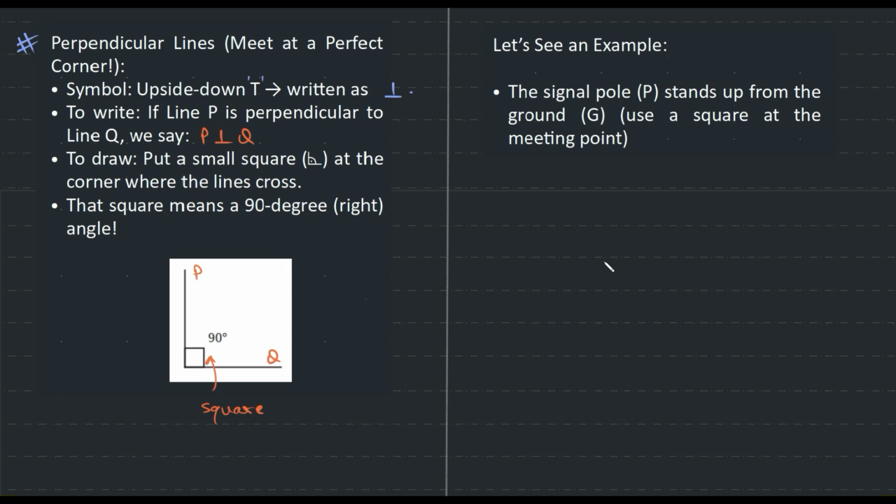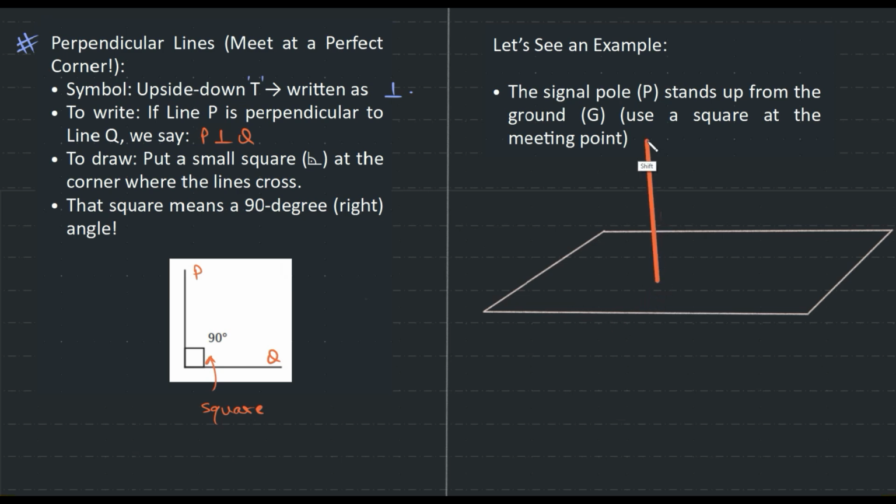So a signal pole standing on the ground G uses a square. Basically, we have a ground in this manner, and on that we have a pole, a signal pole, showing the signal. Something like this.